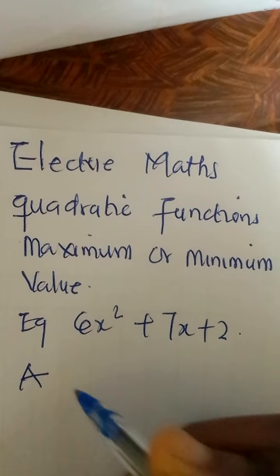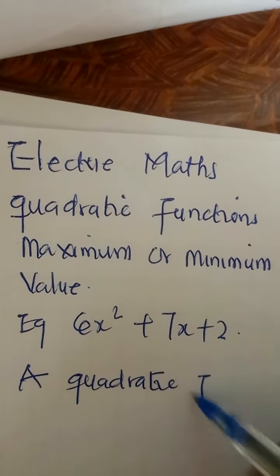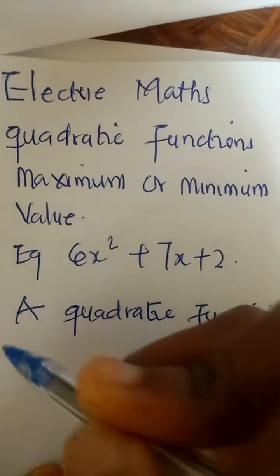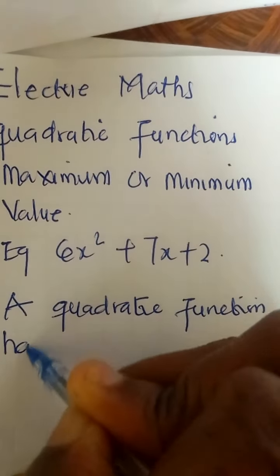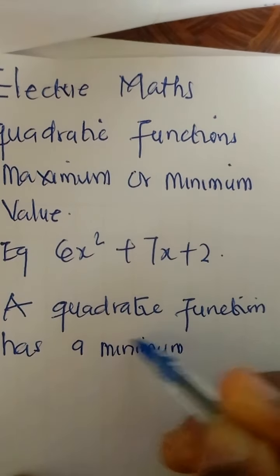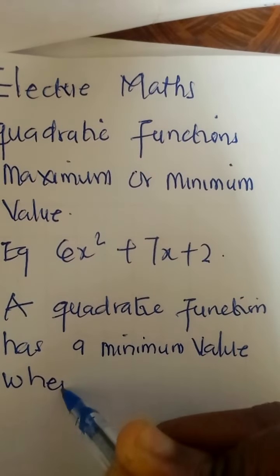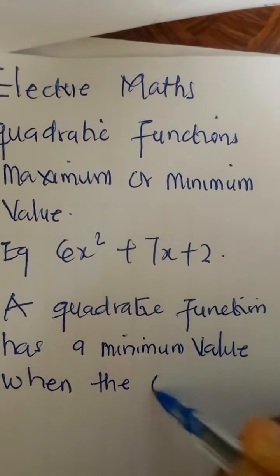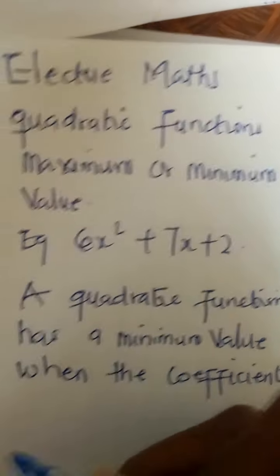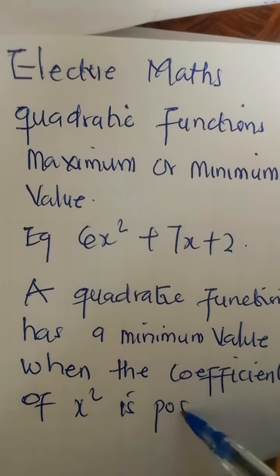A quadratic function has a minimum value when the coefficient of x squared is positive.